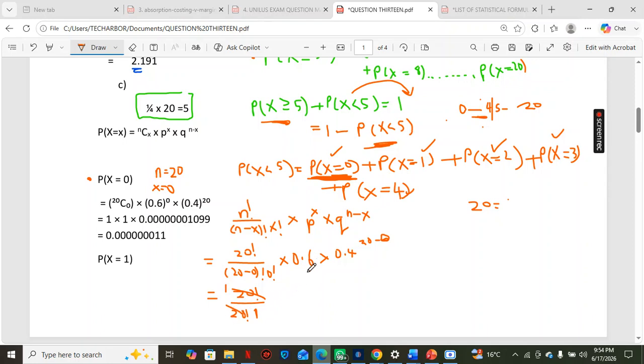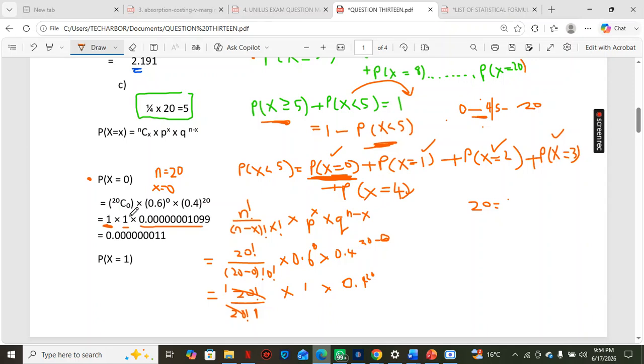Okay. 0.6 to the power 0 is also equal to 1. Then 0.4, this 20 minus 0 gives us 0.4 to the power 20. It's this figure here.